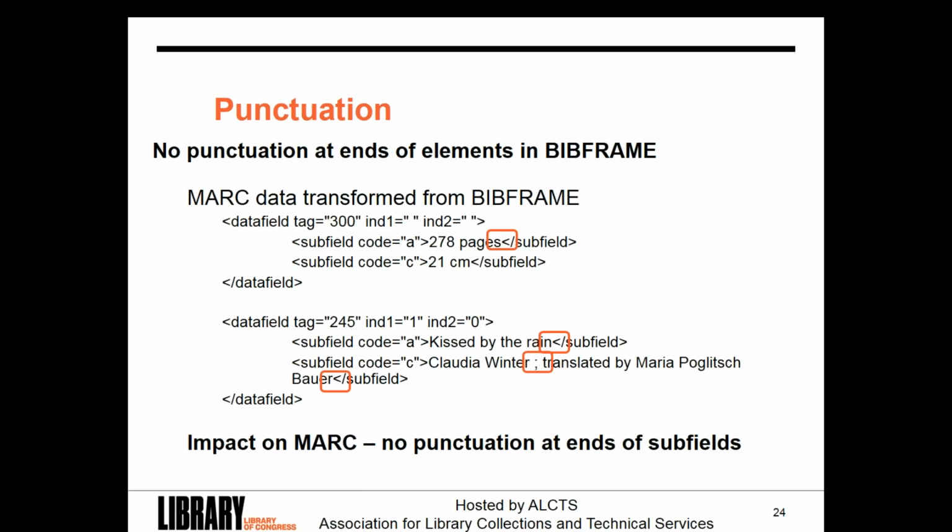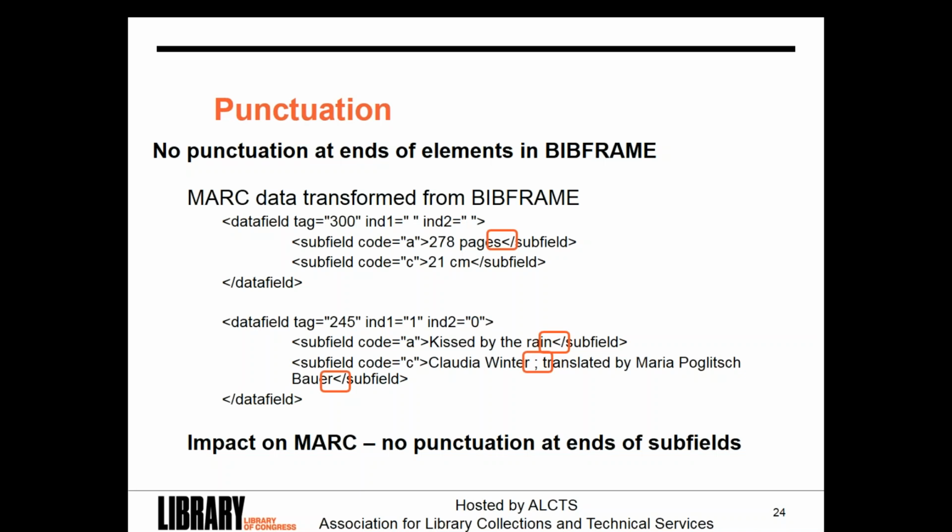I note though that if some punctuation is internal to a literal string, it's not eliminated, it's not tampered with. So the ISBD semicolon between Claudia Winter and translated is still there. It was there in the MARC, and it's there in the BibFrame, and it's still there when you come back into MARC.